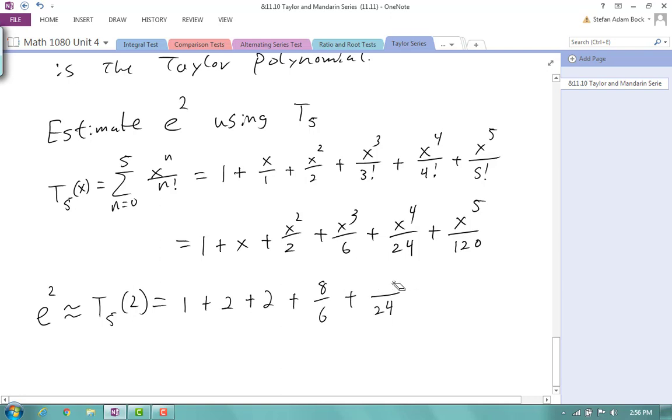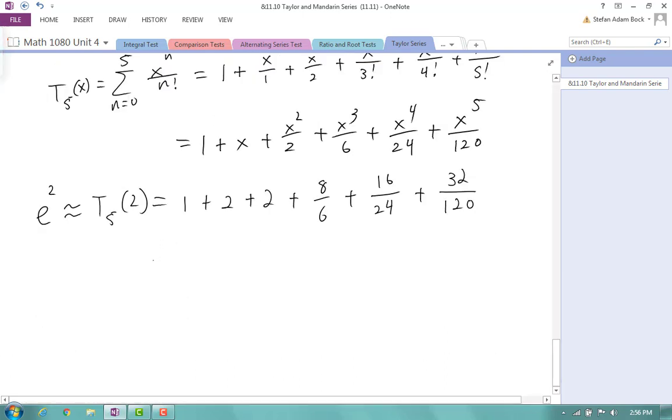No, I did that wrong. 2 to the 4th is 16 divided by 24. This one, though, 2 to the 5th is 32 divided by 120. And while I'm here, I might as well go ahead and try to work these fractions. So this much is 5. This is 4 over 3 plus, I can factor out an 8 from the top and the bottom, so this is 2 over 3.